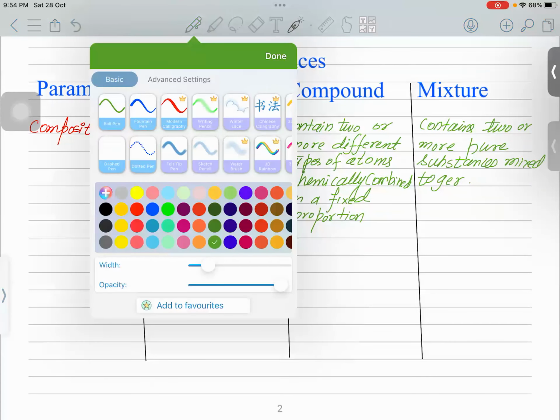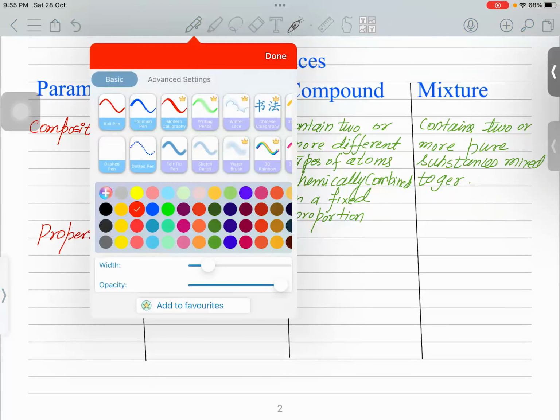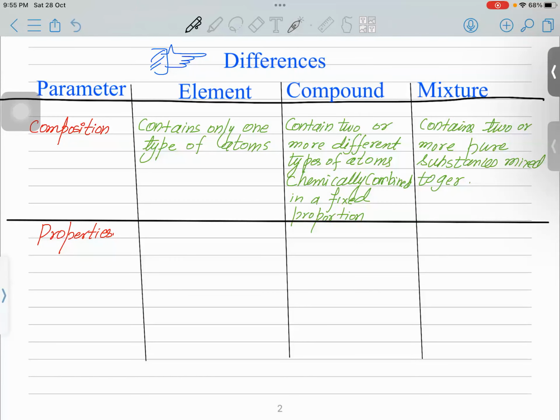Now second is properties. Can you tell me the properties?